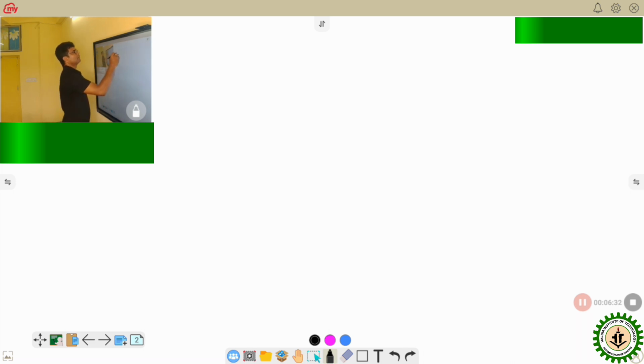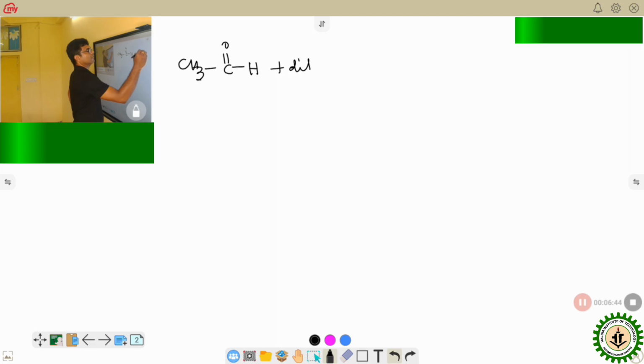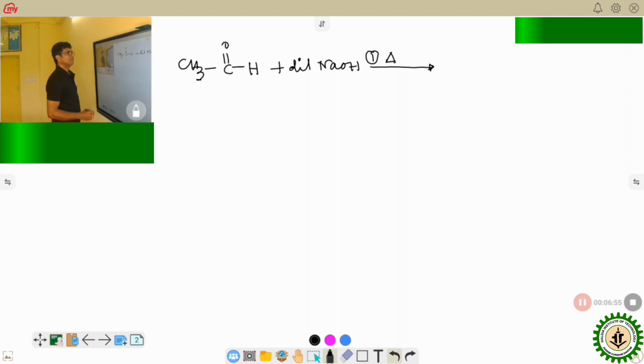Now if I take an example, this aldehyde molecule, and if it is treated with dilute NaOH and followed by heating, what will be the product formed?